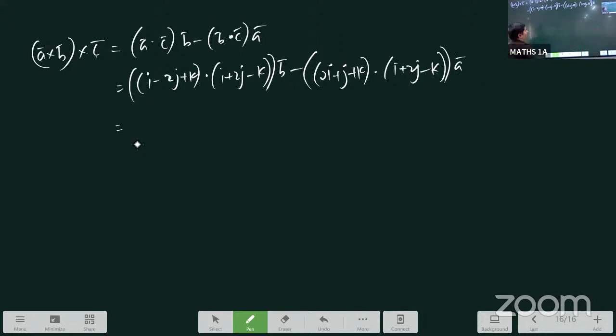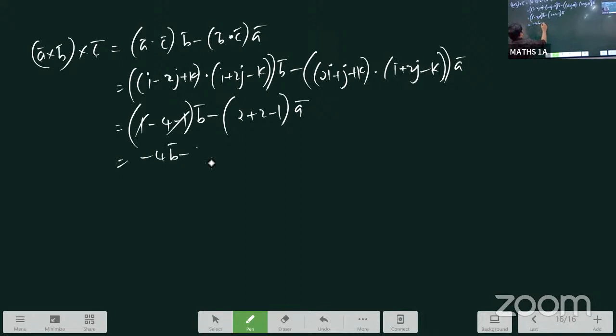That is equal to i dot i is 1 minus 4 minus 1 b bar minus 2 plus 2 minus 1 a bar. Again minus 1 plus 1 minus 4 b bar minus 3 a bar.